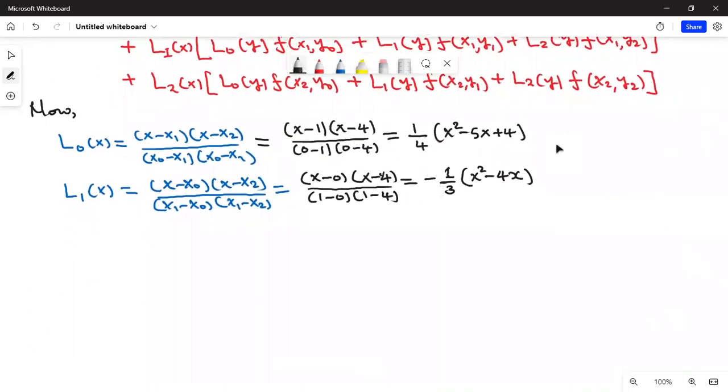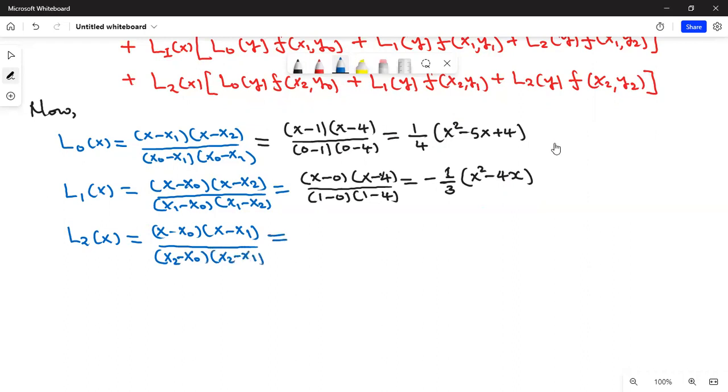And the other one is L2 of x. That's the same as x minus x0 times x minus x1 over x2 minus x0, x2 minus x1.